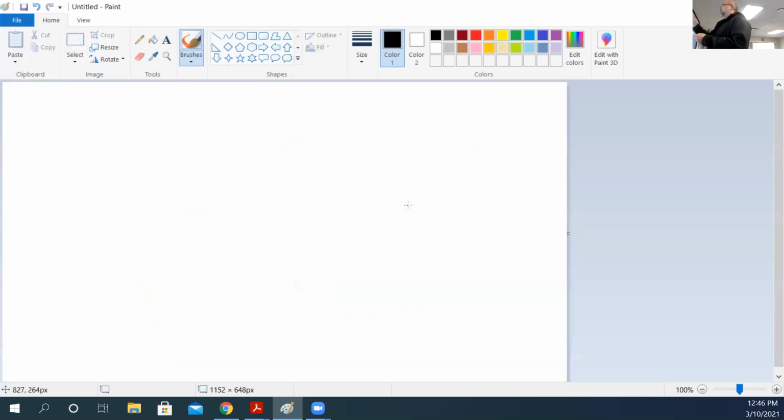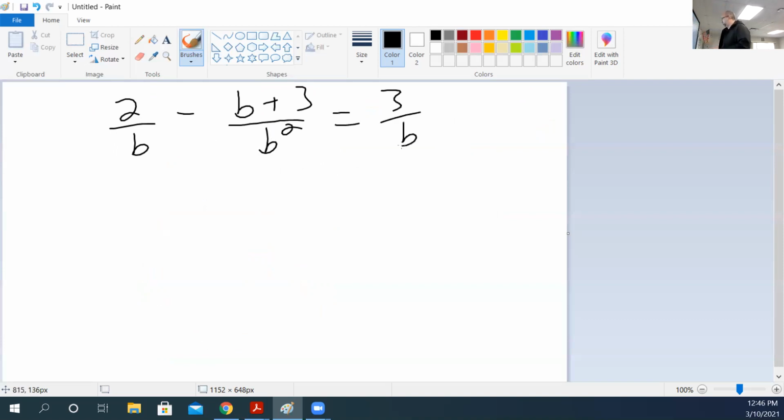Okay, another example: 2 over b minus (b plus 3) over b squared equals 3 over b. Just make sure you have the denominator that matches all of the pieces. In this case, b squared is the one that will cover all the bases.